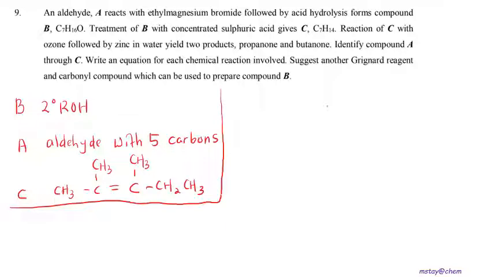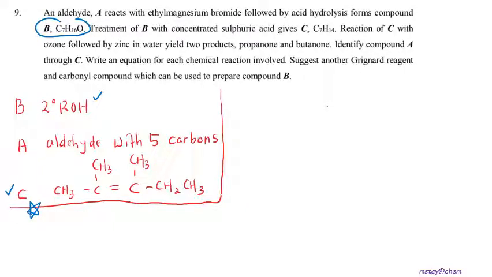Now let's continue to predict the structure B, since we already predicted the structure C. As here B, we know that it is a secondary alcohol. If we want to draw the structure B, we have to refer to the structure C over here.